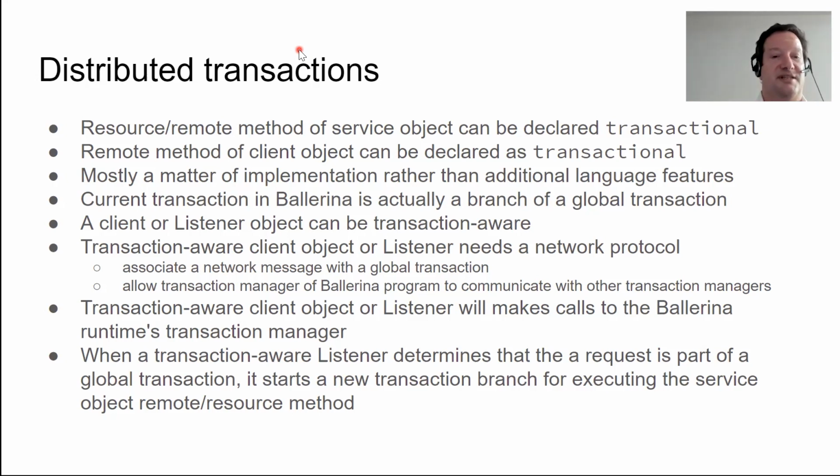A client object needs to communicate with a remote system using some protocol, and they need to be able to associate the message that they're sending with a global transaction. And they also need to allow the Ballerina runtime's transaction manager to communicate with the transaction manager of the remote system. So there's got to be a protocol involved.